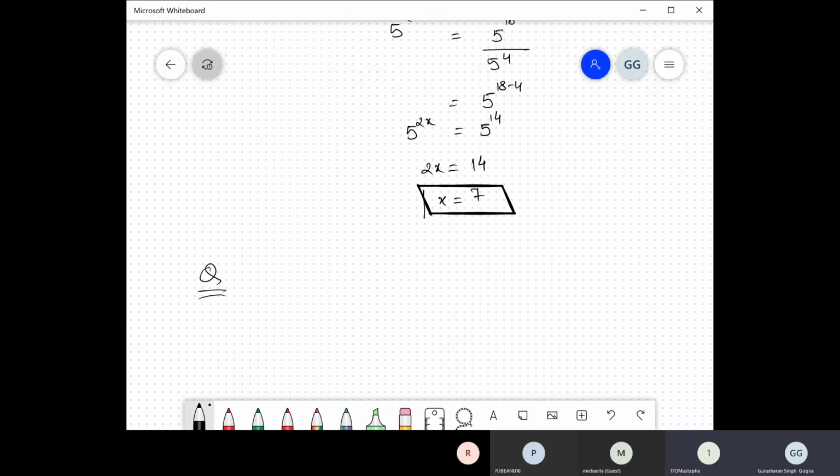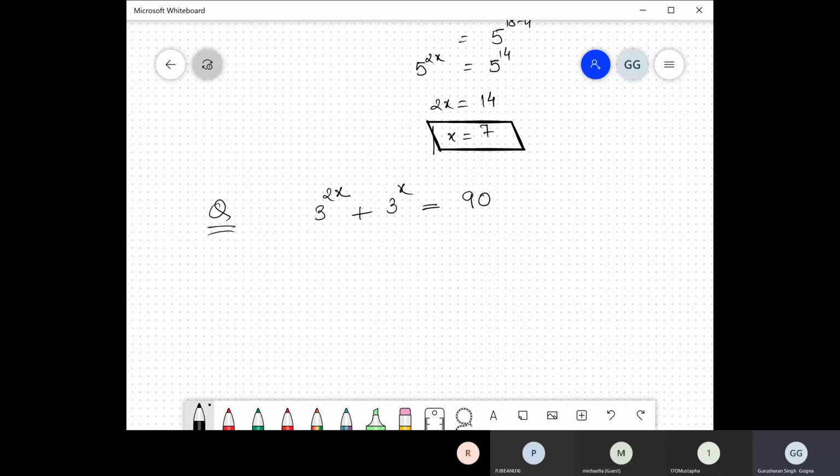So the next type of question is basically based on two equations. Or before that, maybe we can try this one. So solve again, and the question is 3 to the power 2x plus 3 to the power x equals to 90.